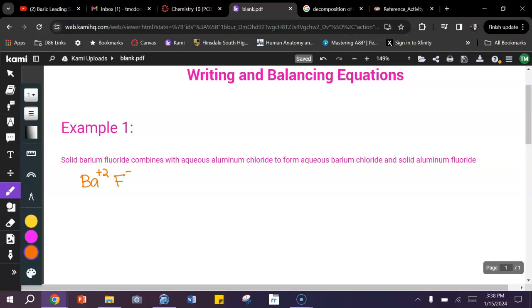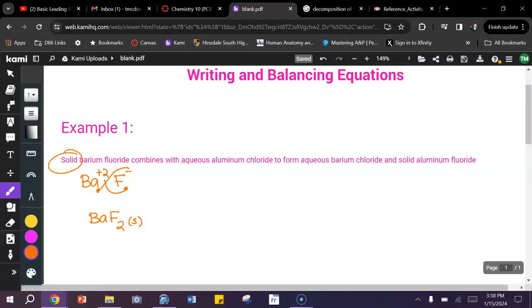And so if we do the crisscross method, where our 2 comes down by the bottom of the F, and the 1 comes over to the other side, our compound formula is simply BaF2. And since in our equation we're saying that this is a solid, then we just need to write a little subscript of an S in parentheses to show that it's a solid.